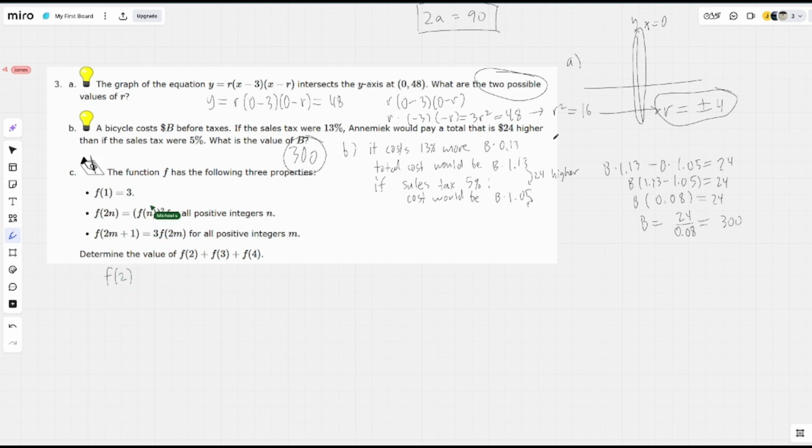We need an equation for f of 2, so we can use this one: 2n equals 2, that's n equals 1, so that's equal to f of 1, and that is equal to 3 squared, which is 9.